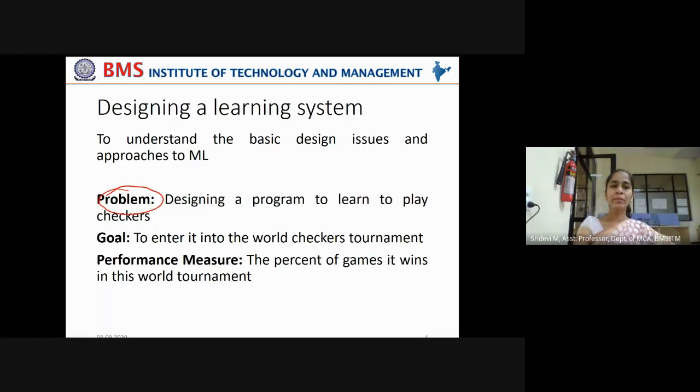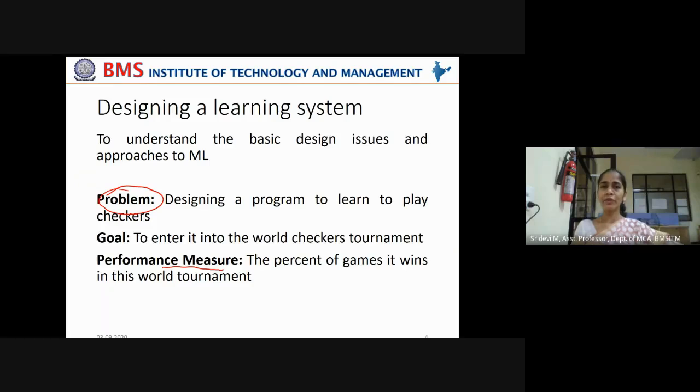Okay, so what is the performance measure here? How are you trying to measure the performance? The percent of games it wins in this world tournament. That is how you measure the performance, right? How do you measure the performance of students? The percentage they gain in the final marks, or the percentage of matches they win in sports.